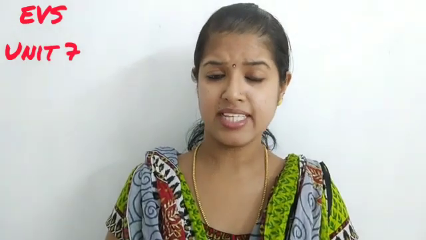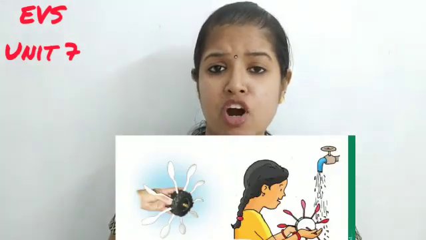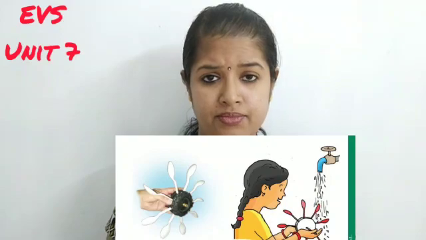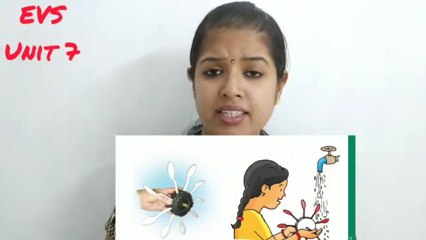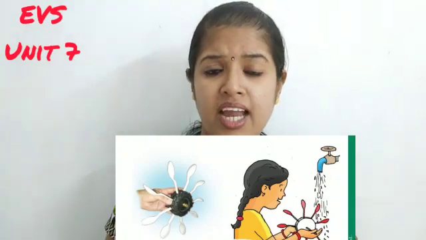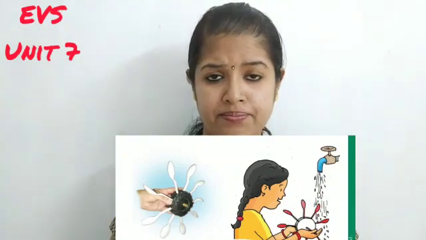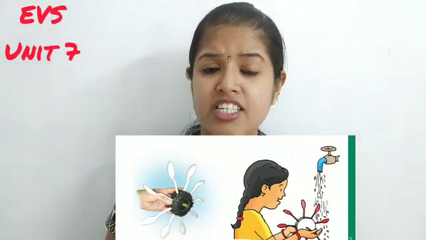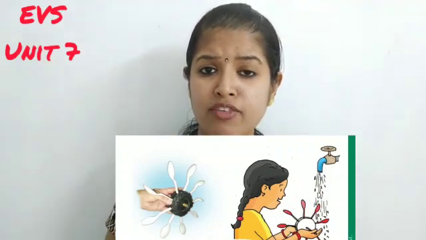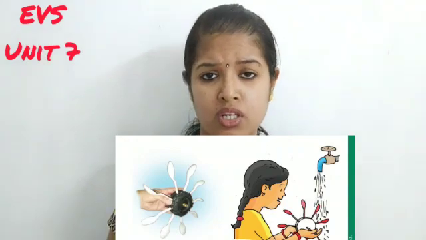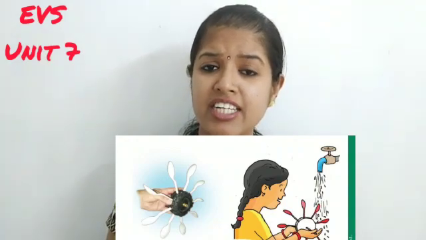And also, flowing water has power. Can you see this picture? It is the picture of a water wheel. This girl is keeping this water wheel under a flowing tap. At first, she turned the tap slowly, so the flow of the water was slow, and the water wheel turned slowly.